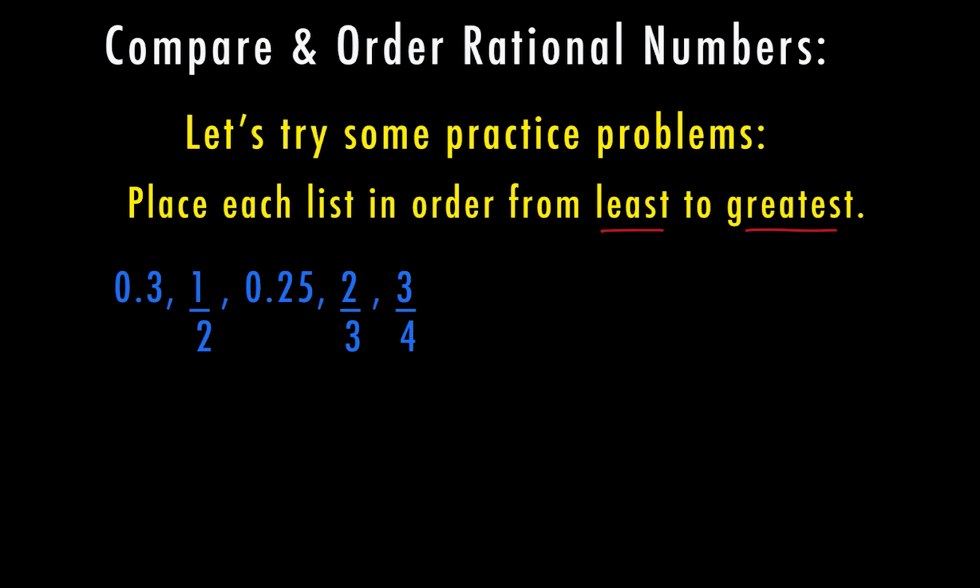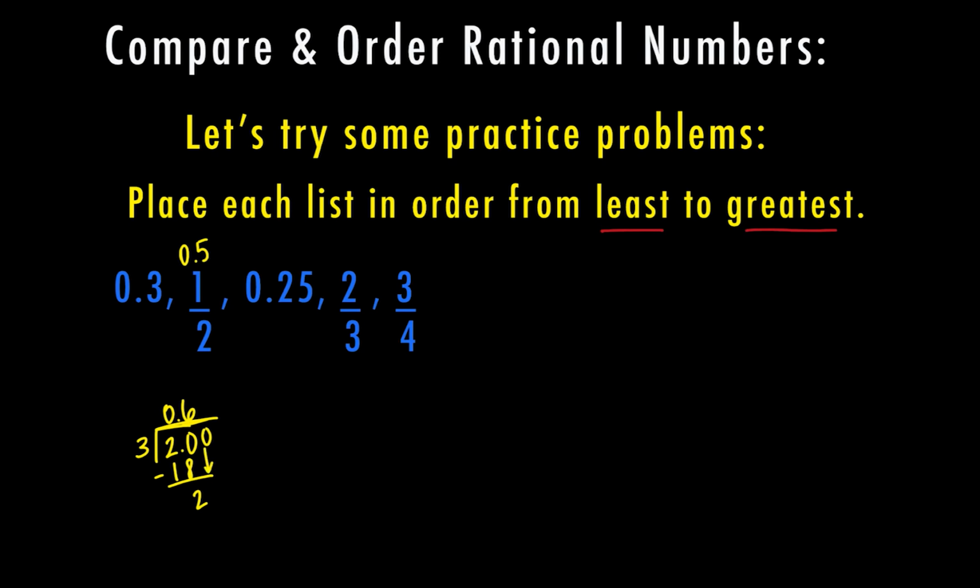Remember, it's easier to compare decimals, so we're going to convert our fractions to decimals. This first one's pretty simple. 1/2 is 5/10. And a lot of these, like I mentioned earlier, you'll eventually start memorizing and you won't have to really think about it or do the math. This next one is 2/3. Let's go ahead and divide this one so that we can figure it out. So 2 divided by 3. 3 goes into 2 0 times, so we're going to add a decimal and a 0. 3 goes into 20 6 times, which equals 18, and I have 2 left over.